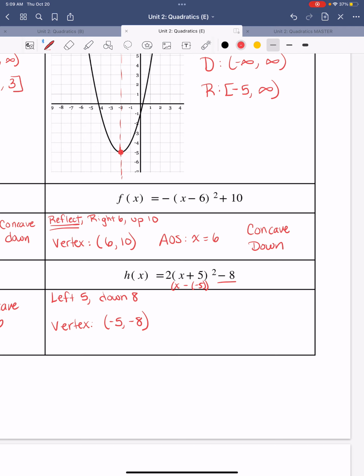Notice those are the exact values that are right here, negative 5, negative 8. And then my axis of symmetry is going to be x equals negative 5, and since 2 is positive, we're concave up.